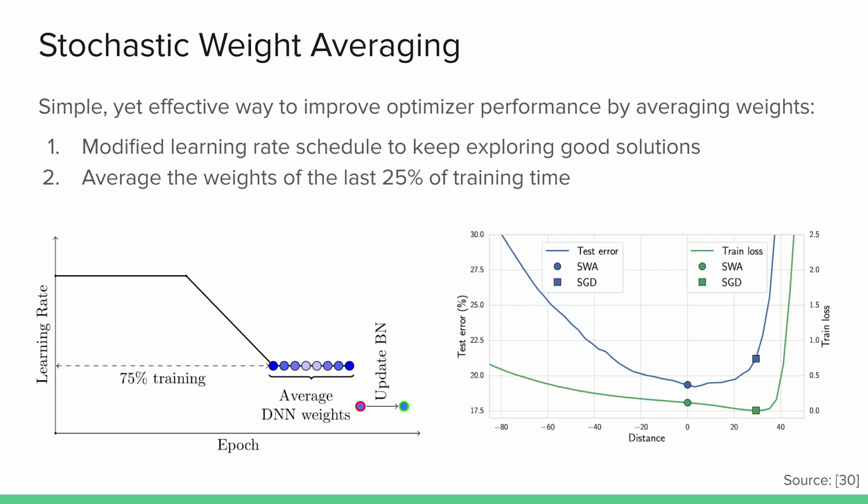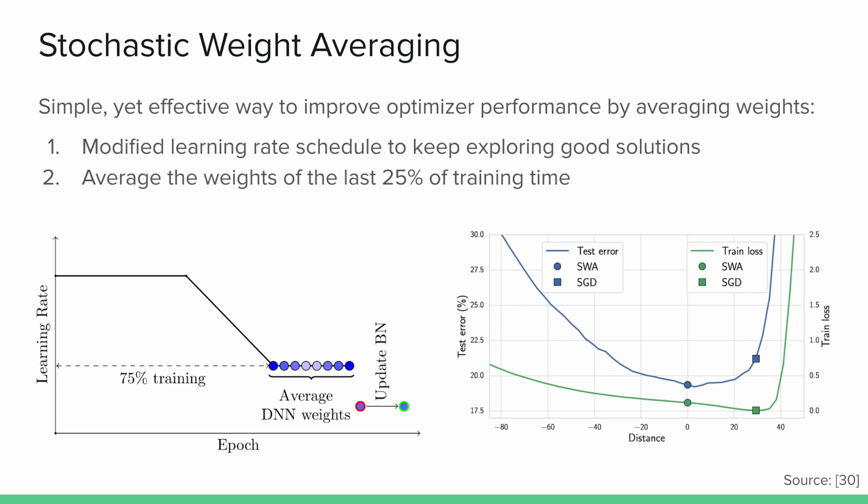So what stochastic weight averaging does is, it basically says, let's modify the learning rate and keep exploring good solutions. You can see in the left bottom image here that initially we start with a high learning rate and then we perform our usual decrease in learning rate for say 75% of the training.